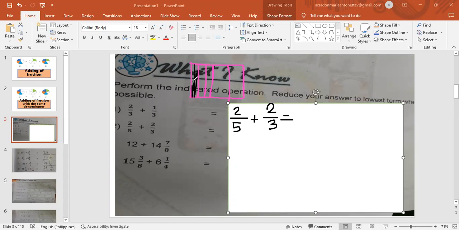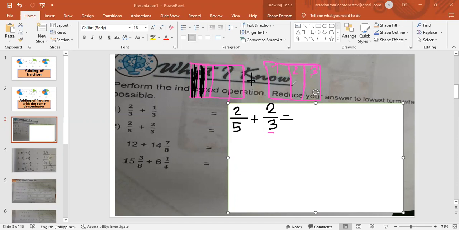1 and 2. Okay. Plus, we're going to add another rectangle again with 3 parts: 1, 2, 3.